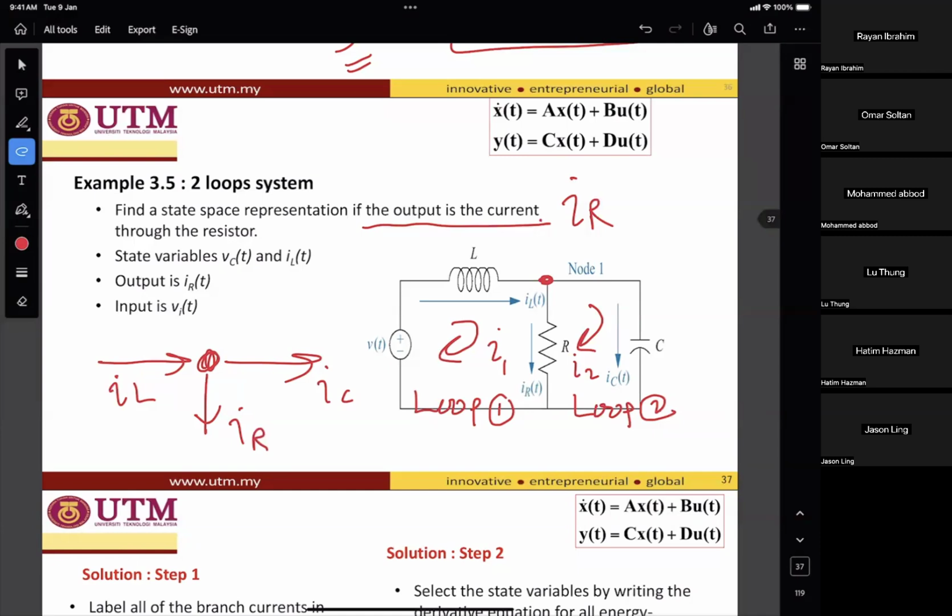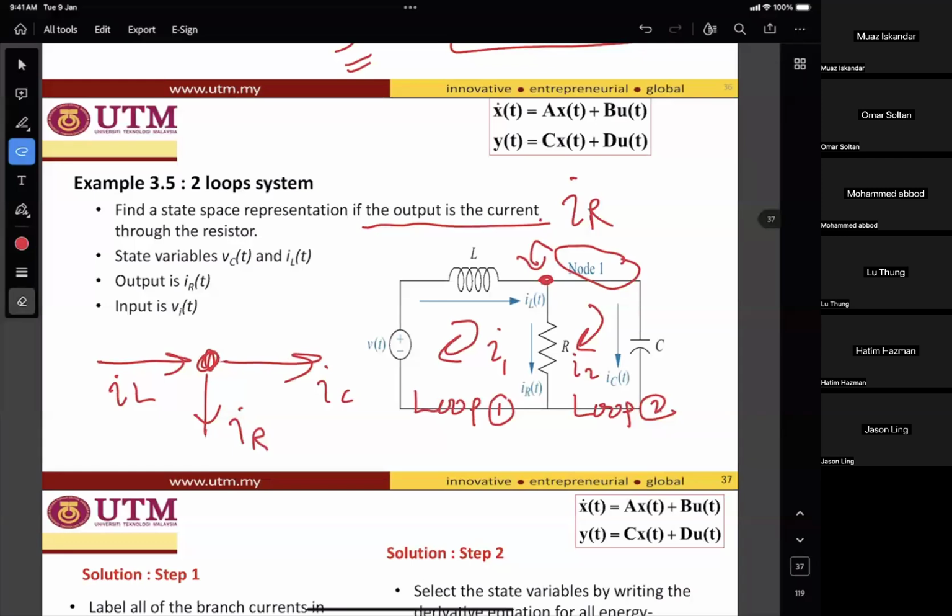IL equal to IR plus IC. Repeat again. IL equal to IR plus IC. All right. Thank you very much.